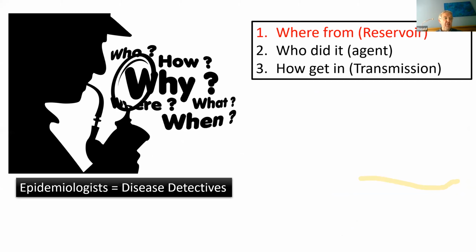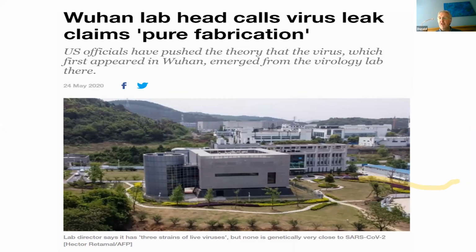The first one he asks is, where did this come from? The second one we'll deal with later, about who did it, and then how on earth did it get into this market, into this place, into this crime scene? So, one answer to the question about where it came from was this building here.